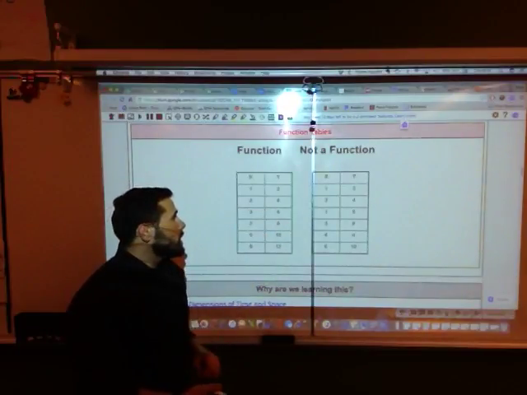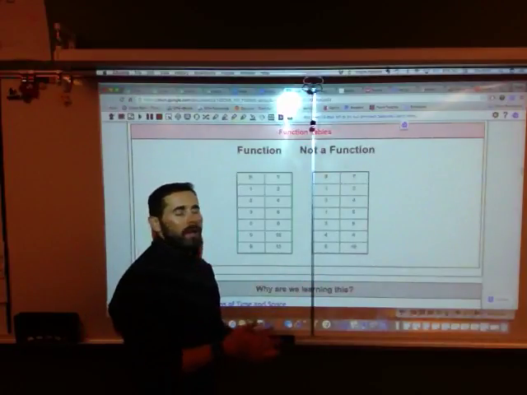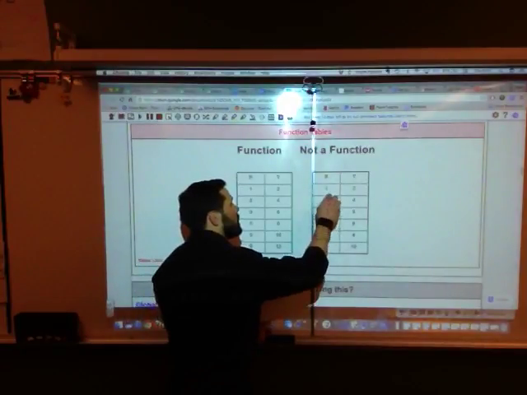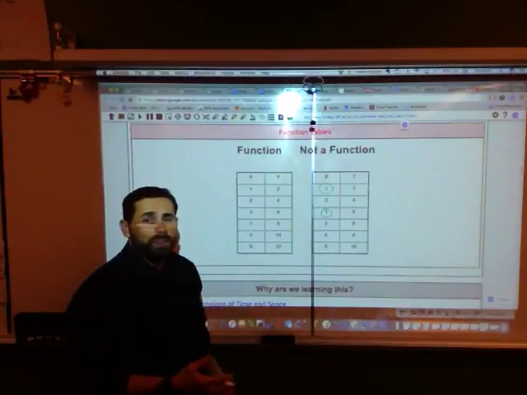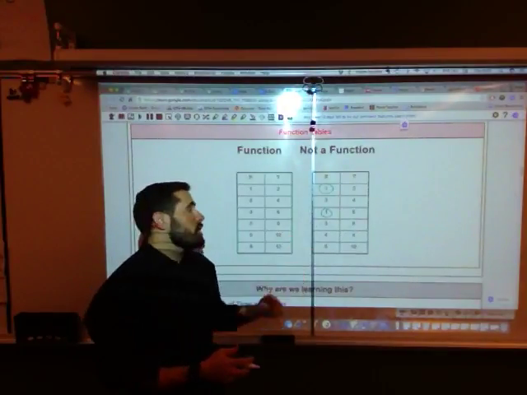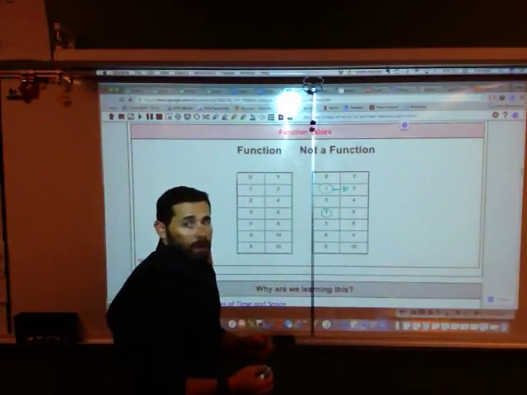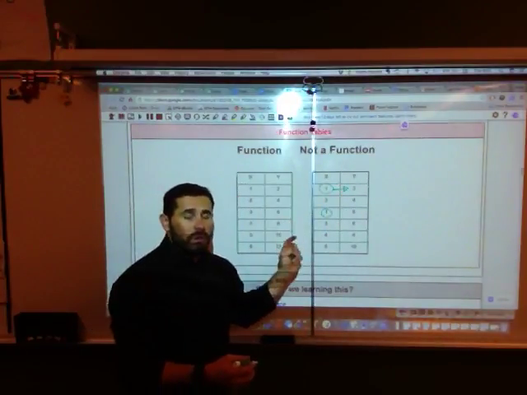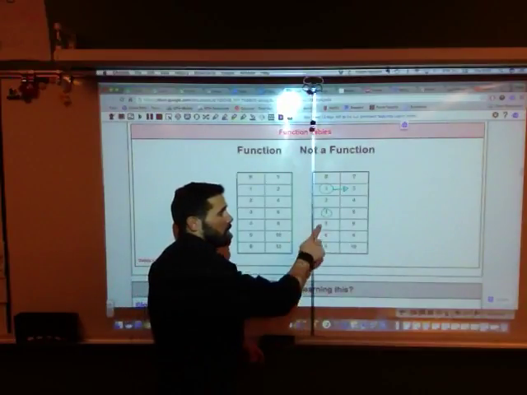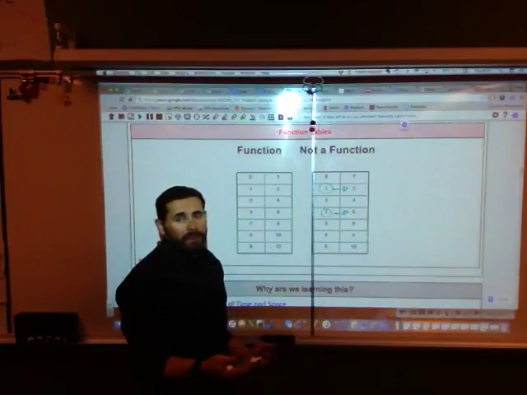Now when I come over here, I have my inputs and outputs. I have to notice that there's actually a 1 and a 1 right there. I have to make sure that that 1 is only mapping to one output. Right here I'm mapping it to a 2. When I put it in again, it should go back to a 2 again. But if you look, when I put in that 1, it's now mapping to a 5.